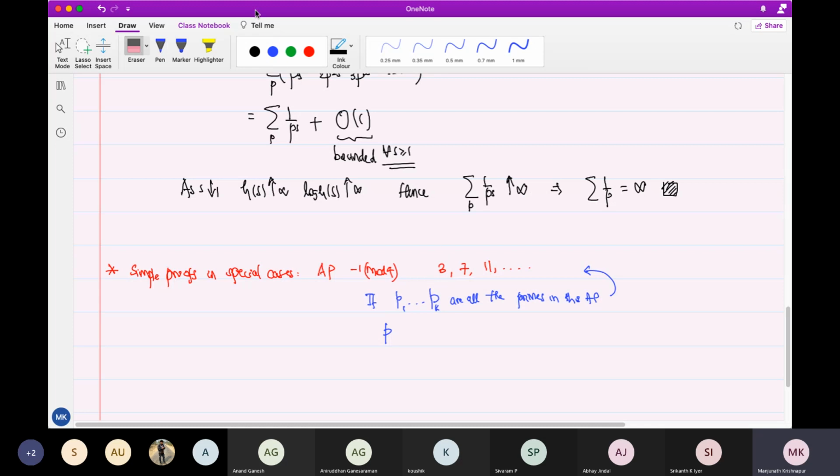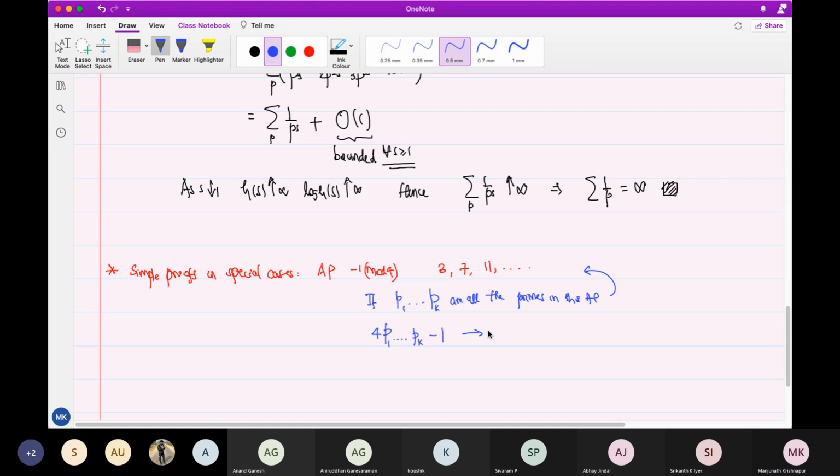So P1 is maybe 3. You take the product of all those, multiply by 4 and subtract 1. It's a bit like Euclid's one, where you multiply the primes and add 1. Here you multiply them, multiply also by 4 and subtract 1.